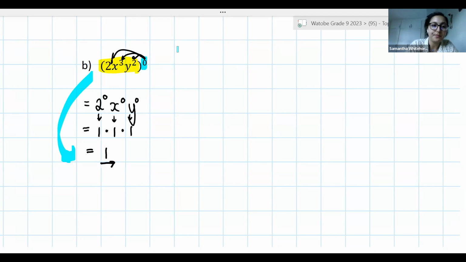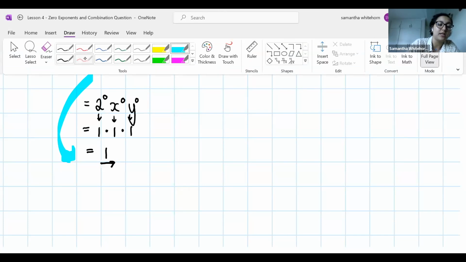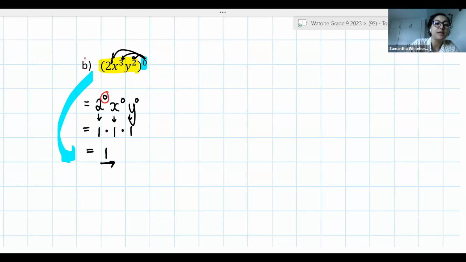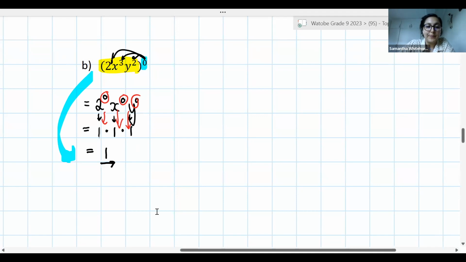But that distribution step is more than acceptable, and it does help us see which values are going to become 1 and potentially which values are not. So it is quite a useful step to keep doing for yourself to make sure that you're getting the correct answer. Very nicely done, Tabasane.